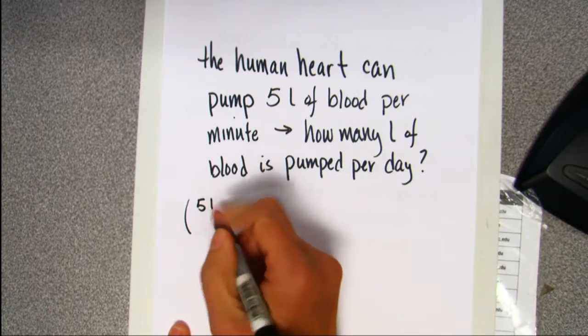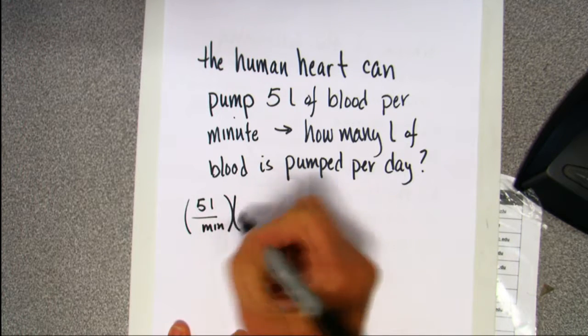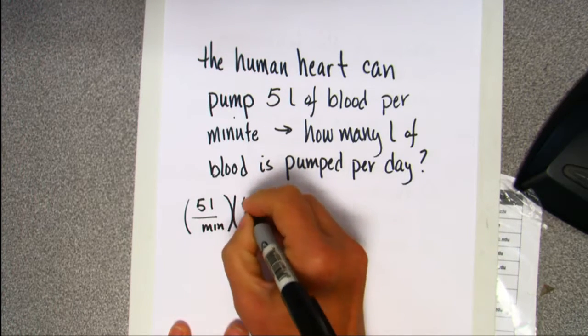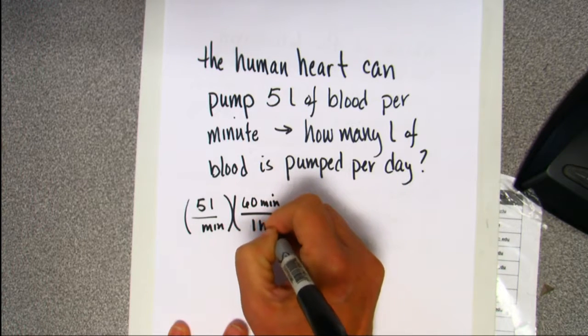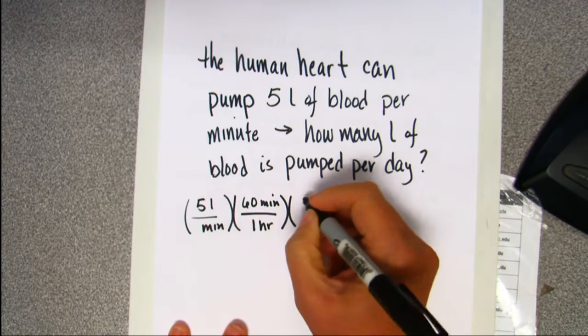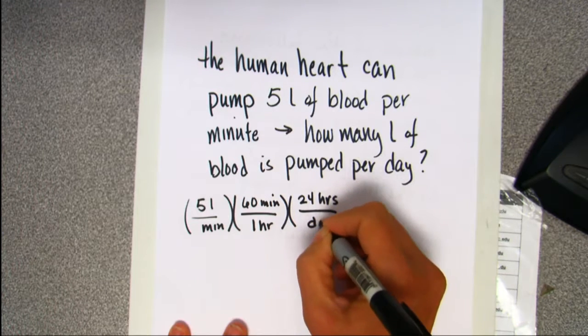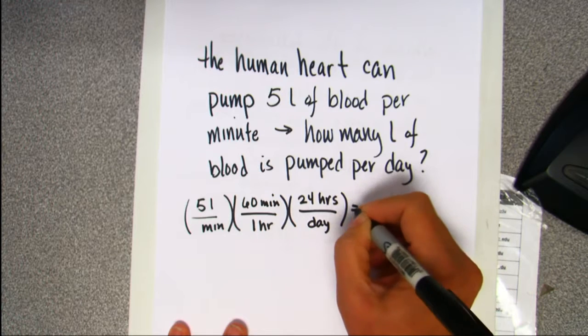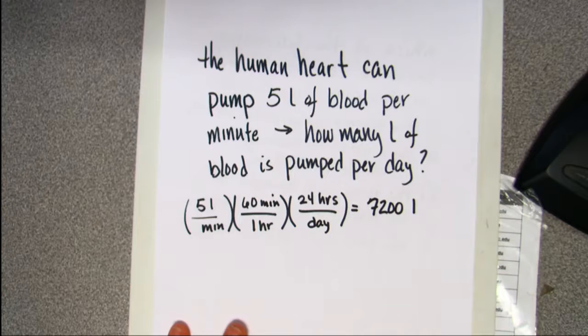You take 5 liters per minute, and there are 60 minutes in 1 hour, and there are 24 hours per day, and that's going to give you 7,200 liters.